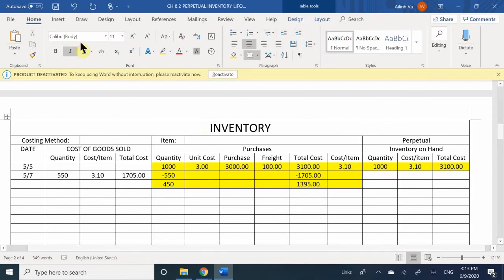Now that we've established this number, we can update our inventory, saying we no longer have 1,000, we have 450, and it's going to cost me a total of 1,395.